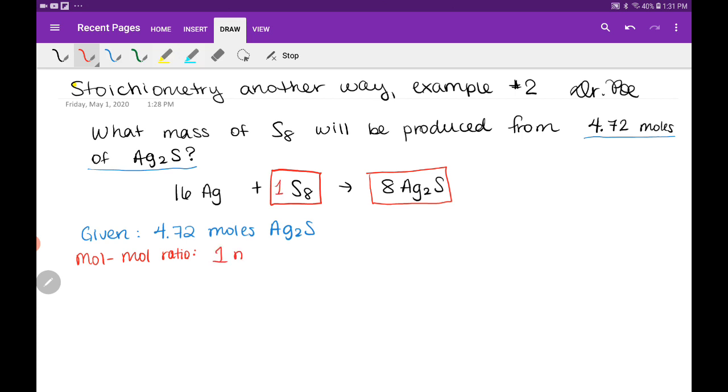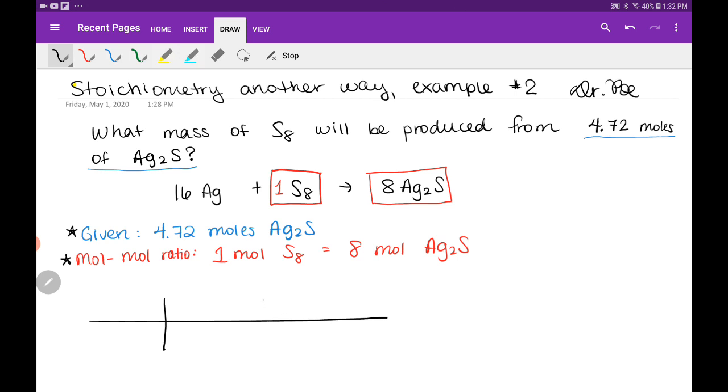So we know that this is 1 mole of S8 equals 8 moles of Ag2S. Okay, and the reason we're writing out these two pieces of information from the problem specifically is because these are the two pieces of information that we know we will absolutely have to use, guaranteed, in our formula.